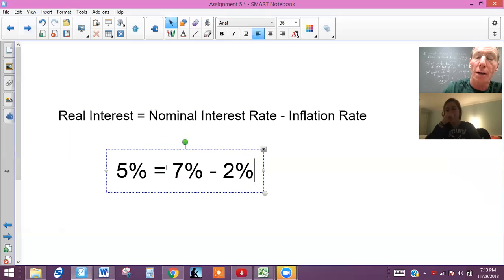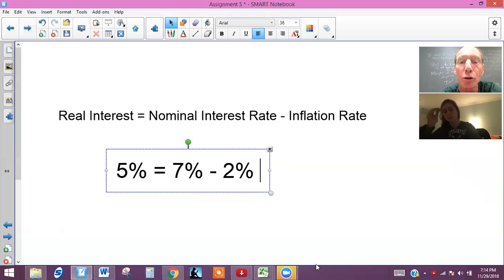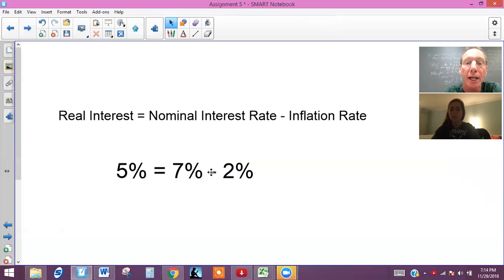They'll charge 7% on the loan because over the time of the loan, all the price levels are going to go up 2%. So once the money's paid back, it'll be 2% less valuable than it was when it was borrowed. So the lender's going to want to be compensated for the inflation rate.